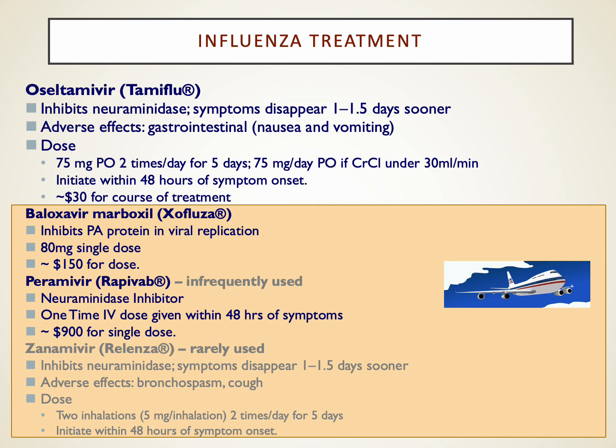In any event, when you're starting Tamiflu, the typical dose for normal renal function is 75 milligrams orally twice a day for 5 days. If renal function is reduced, it's a single once-a-day dose. There's also a 30 milligram dose that can be used in some subset of pediatric patients.